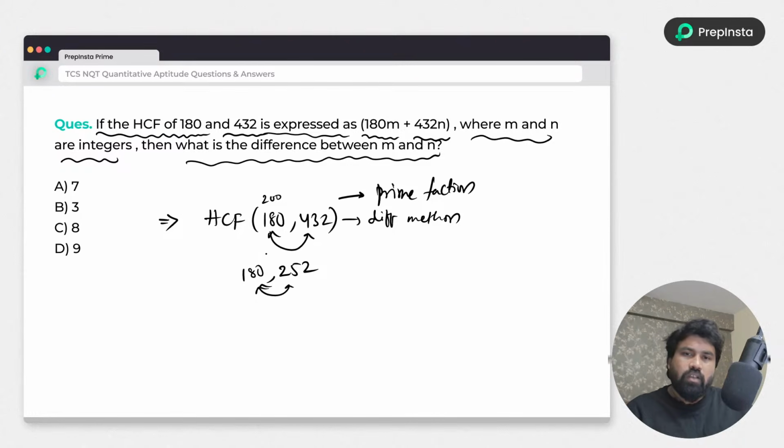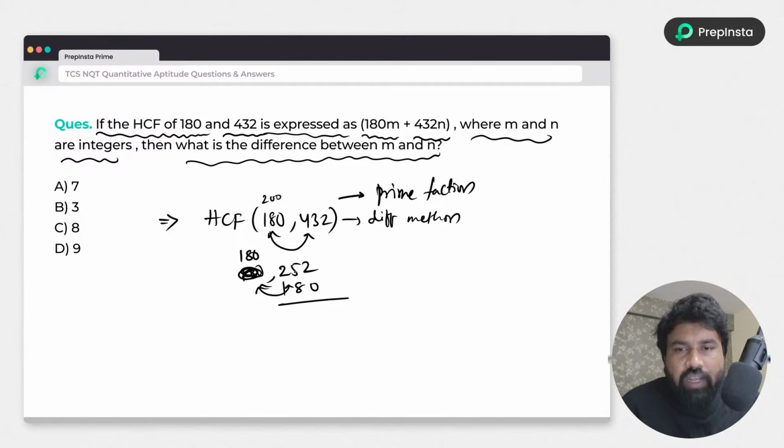Okay. So you will take the difference until both the numbers are equal. 180, if I subtract 180 again, 20, and the answer is 72.